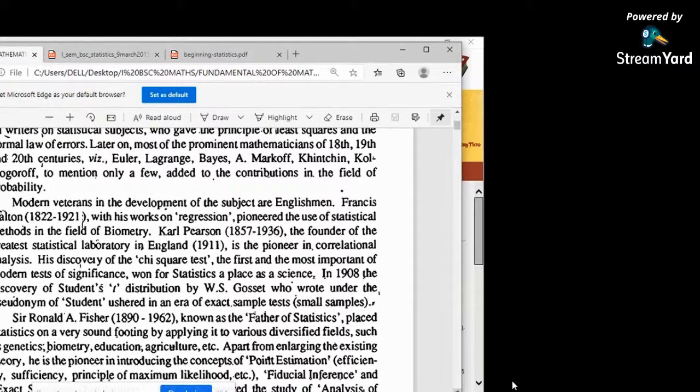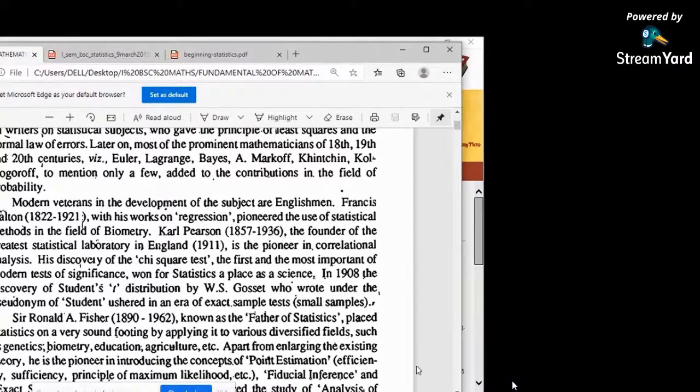He is one of the leading statisticians ever, who was on the faculty of the Indian Statistical Institute. C.R. Rao is the one and only research student of R.A. Fisher. Fisher had only one student, C.R. Rao. He is living now.